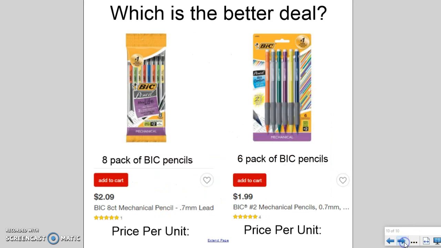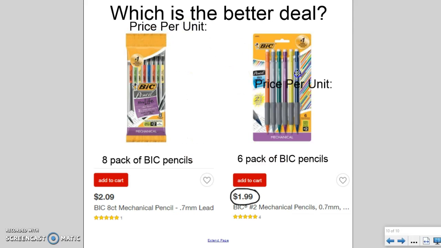So let's go back to our original idea here. At first, it looked like buying the 6-pack of pencils was the better deal. But if you take a look at price per unit, we're going to take a look at the price per unit of each one. If you remember, the price per unit of this one we figured out was $0.26.